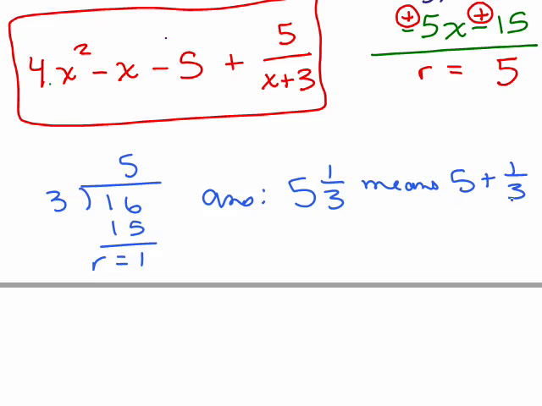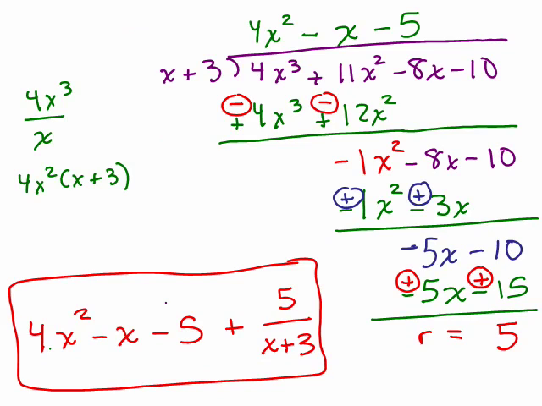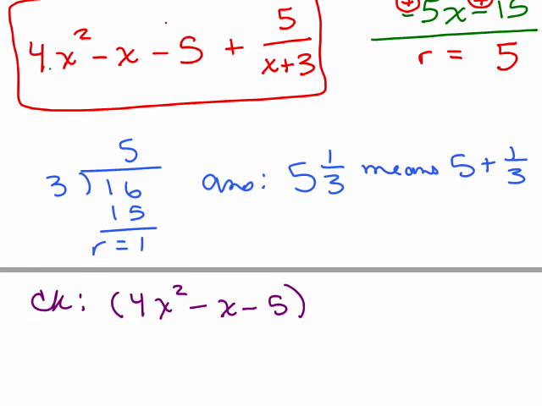Okay, so we are going to check it. Our answer, the quotient, we've got to multiply it by what we divided by, x plus 3, and we have to add the remainder.